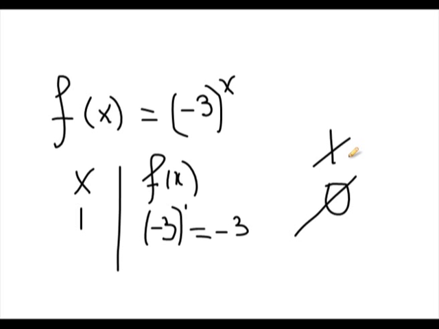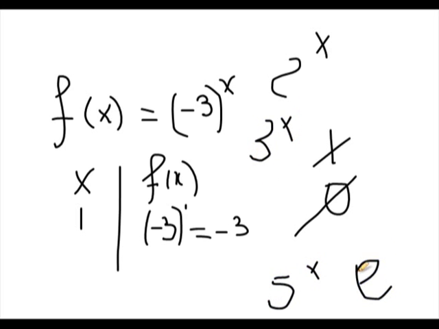I will explain in another video why the base cannot be negative and why the base cannot be 1 and 0. But now keep in mind, when we talk about exponential functions, we always deal with functions like 2 to the power of x, 3 to the power of x, 5 to the power of x, whatever the positive value to the power of x, e to the power of x.